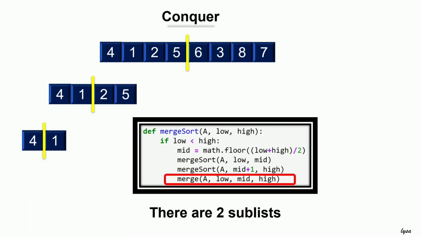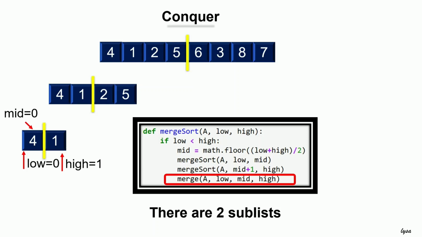It is already in the sorted order, so we need to do nothing. After I return to the parent, now in merge sort the value of low is 0, the value of high is 1, and the value of mid is 0. Merge is a function which takes two sublists, one from low to mid and another from mid plus 1 to high.